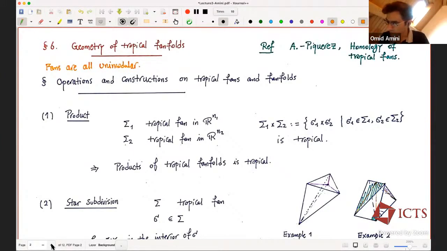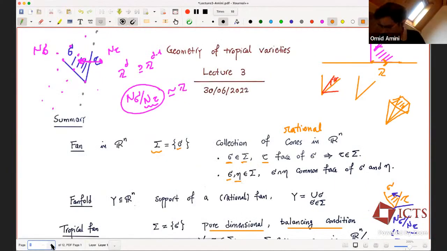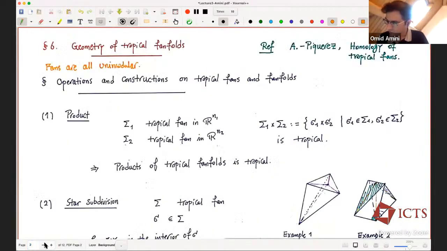Okay, so let me start with the very basic operation, which is the product. If you take two tropical fans, sigma 1 and sigma 2, which live in two different spaces, R^n1 and R^n2, then you can take their product. What is the product?